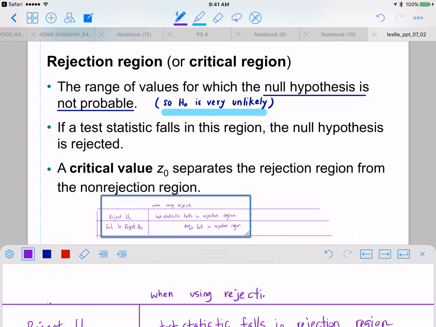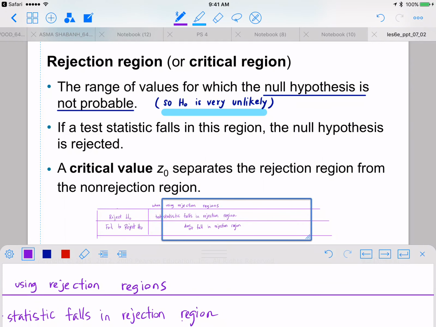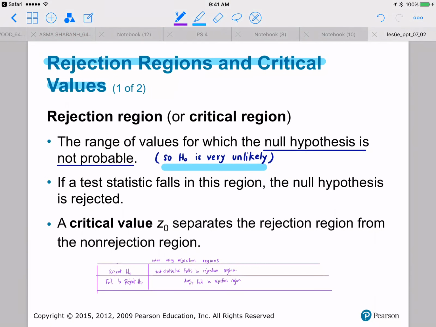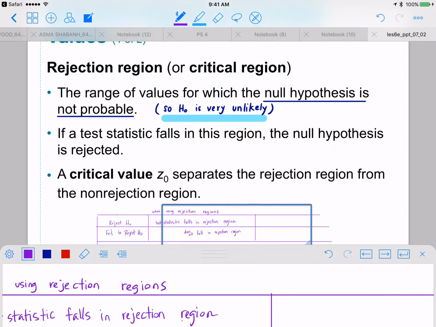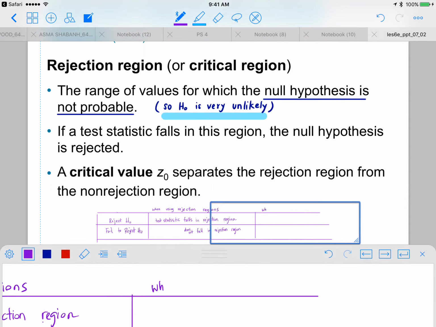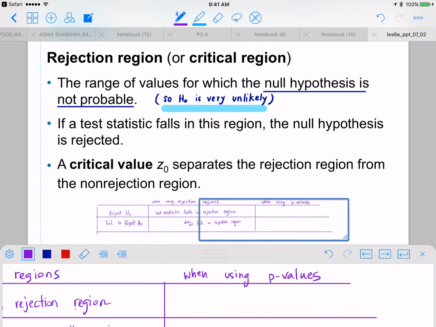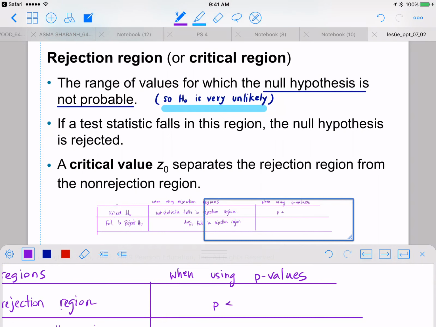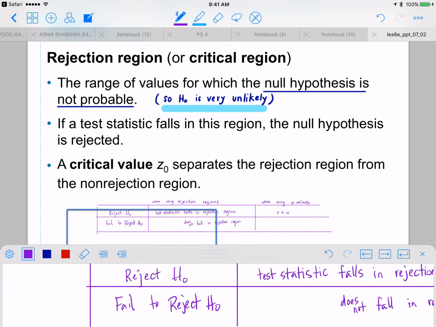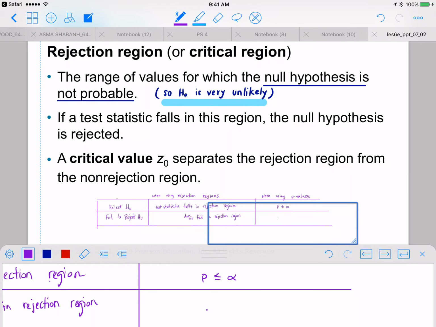When using rejection regions, this is what we get. When we are using p-values, we reject H naught if p is less than or equal to alpha. And we fail to reject H naught if p is greater than alpha.